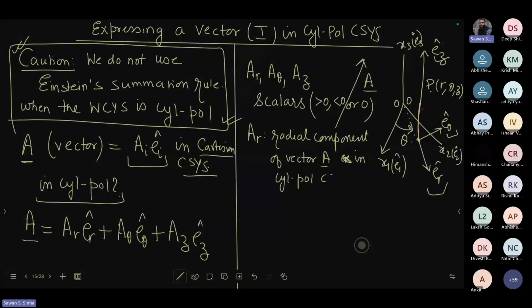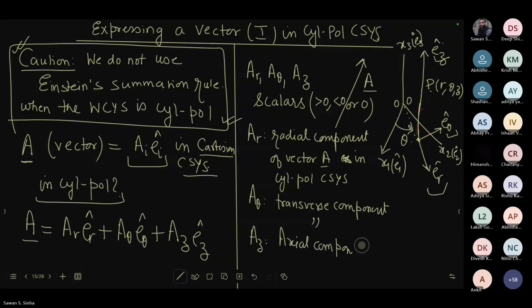If I have to make a sentence out of it, A theta is called the transverse component of A. Transverse component, ditto, of the vector A in cylindrical polar coordinate system. AZ is called the axial component. Axial component of A. Okay. So a vector will have 3 scalar components, and this would be the expression.